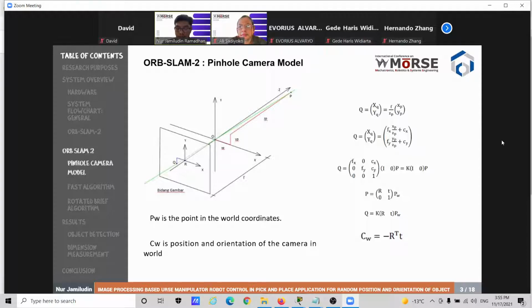If we consider a two-dimensional coordinate system in the drawing plane with the center at point R, which is the intersection of the axis of the 3D world coordinate system and the point Q, you get XQ and YQ in the drawing plane. This image shows the pinhole camera model. The R and T matrices have a very important role in both visual odometry and visual SLAM systems.